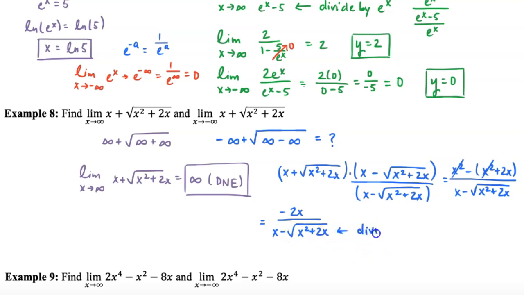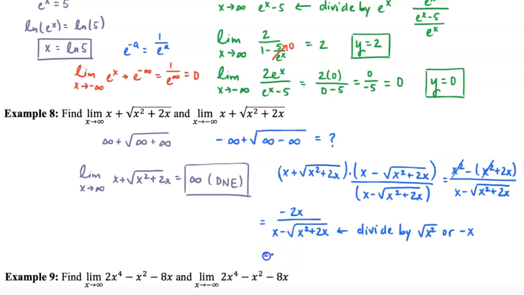I'm going to divide by the square root of x squared, or because I'm going to negative infinity, the square root of x squared, because it's really the absolute value of x, it's going to be a negative x, because x is approaching that negative infinity.